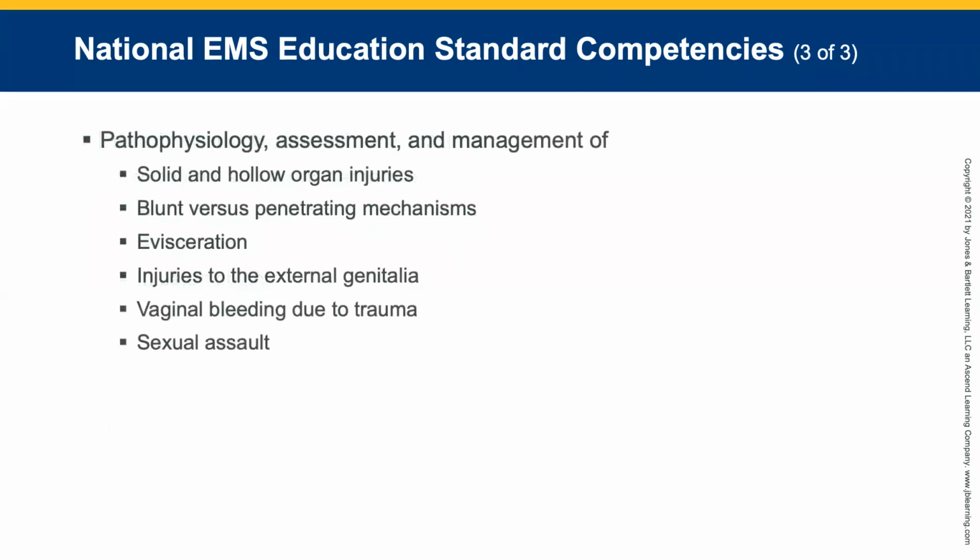Well, pathophysiology, assessment, and management. We'll talk about the difference of some injuries between a solid and hollow organ, blunt versus penetrating mechanism, and evisceration, injuries to the external genitalia, vaginal bleeding due to trauma, and then sexual assault.